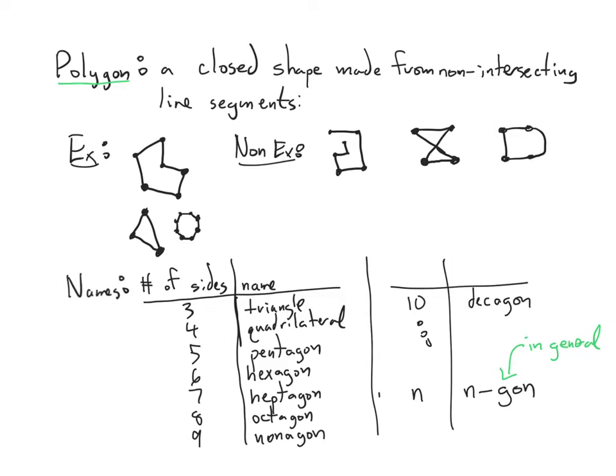So that is not a polygon since these diagonal line segments intersect. And the last one here, this isn't a polygon since it's closed and nothing intersects, but this bit here isn't a line segment, it's a curved line. So you can't have a curve in a polygon, so that's not a polygon either.